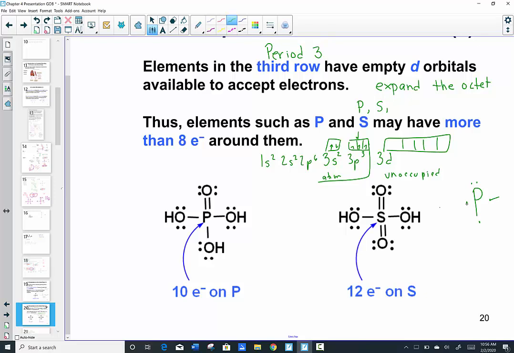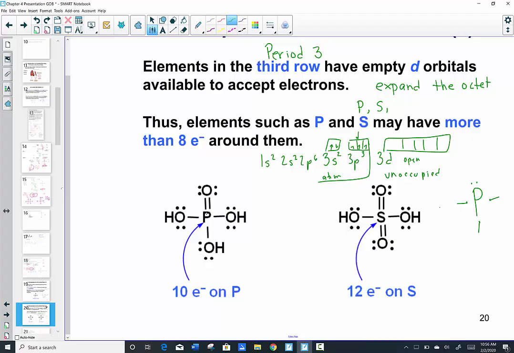There's only 3 open spots for bonding. But as an occasional rule breaker, phosphorus does have these open, unoccupied orbitals that it can use to put electrons in if it's asked to. It doesn't want to, but if it's asked nicely, it can expand its octet.